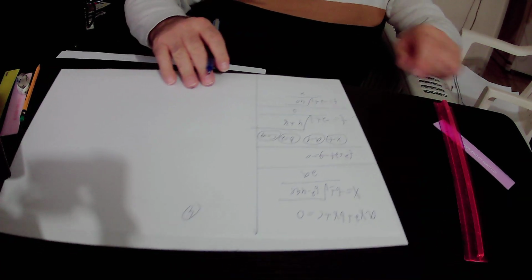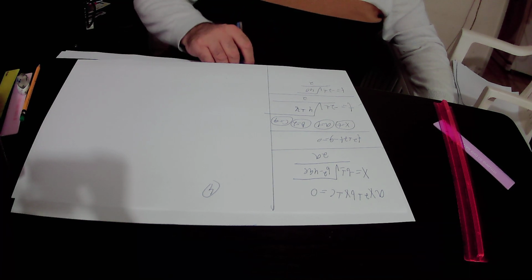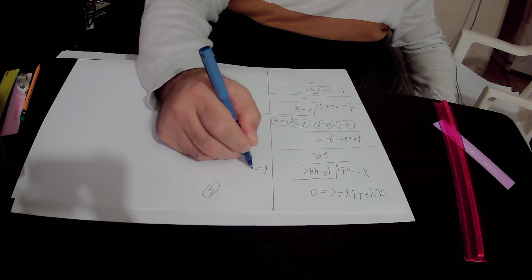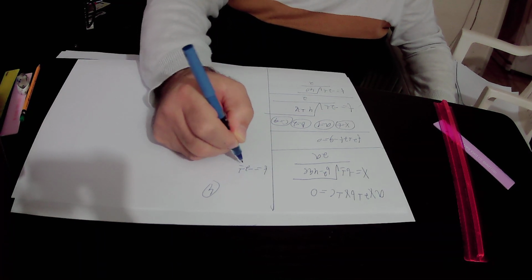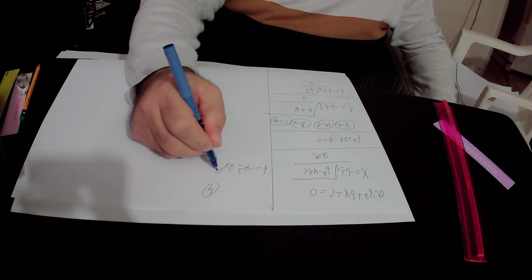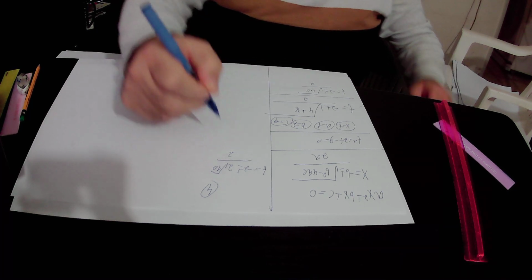So here 40 is 4 times 10, and the square root of 4 is 2, so I write it down. We will get that t equals minus 2 plus minus 2 times square root of 10 over 2.